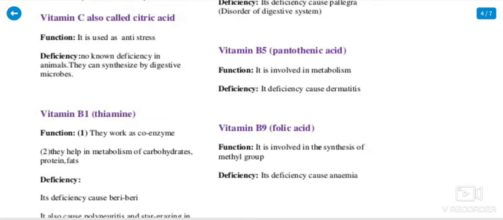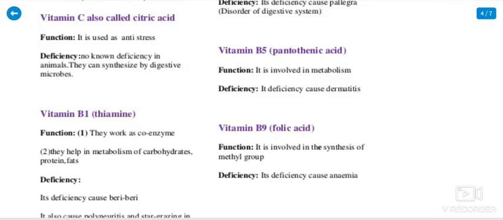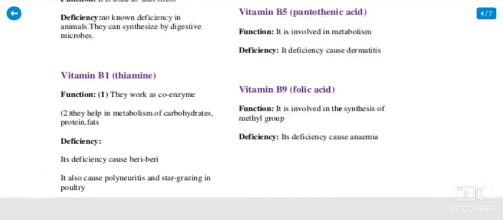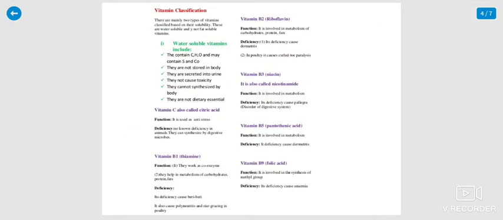Vitamin B9, folic acid. The function of folic acid is that it is involved in the synthesis of methyl groups. Deficiency of vitamin B9, that means folic acid, causes anemia. So anemic disease will occur in vitamin B9 deficiency.